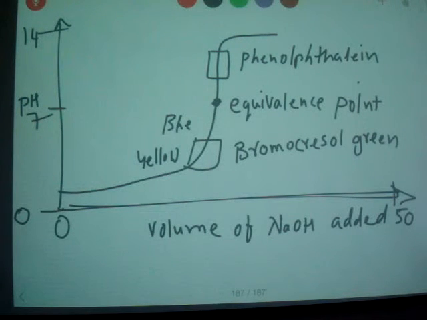And if it is phenolphthalein in this range, colorless to pink. So you can select indicators, you can select the equivalence point on that titration curve. So you need to select the indicator that is near the pH at the equivalence point. That's how you can select.